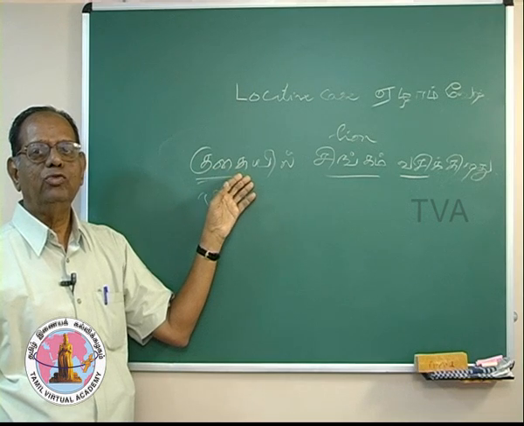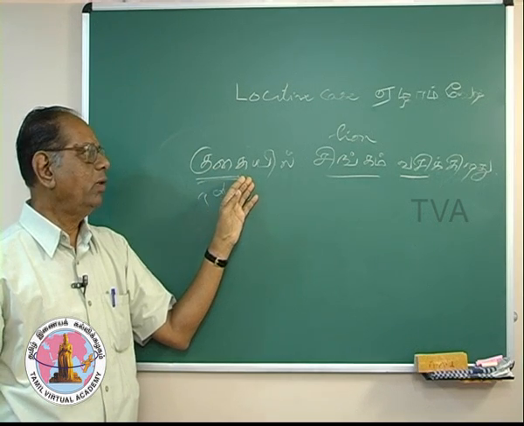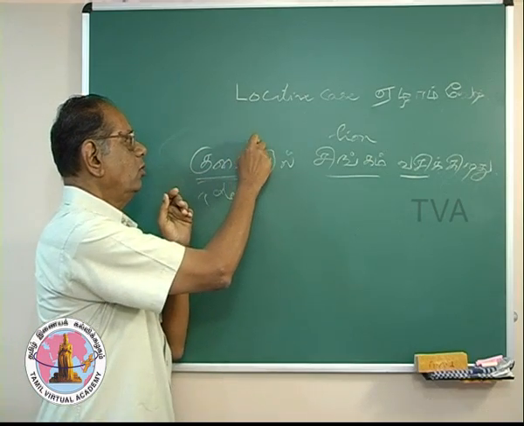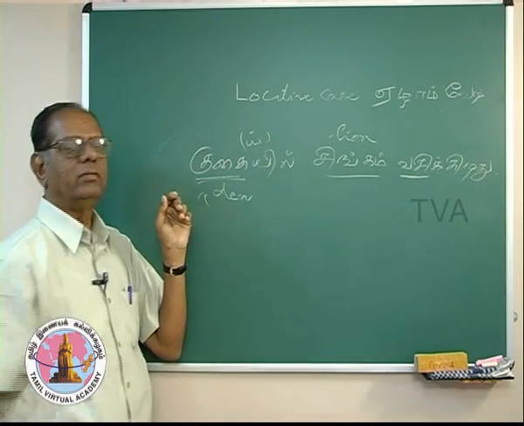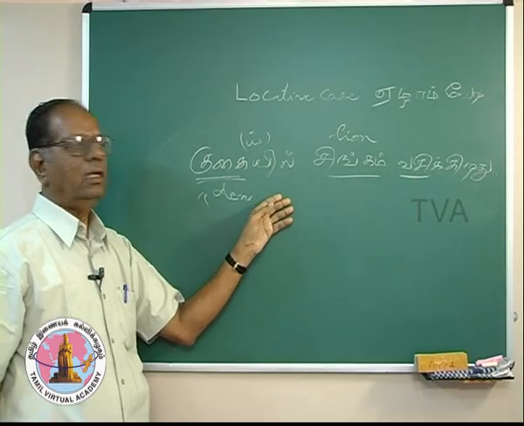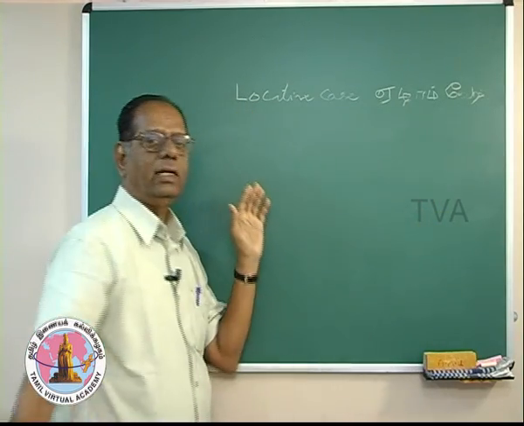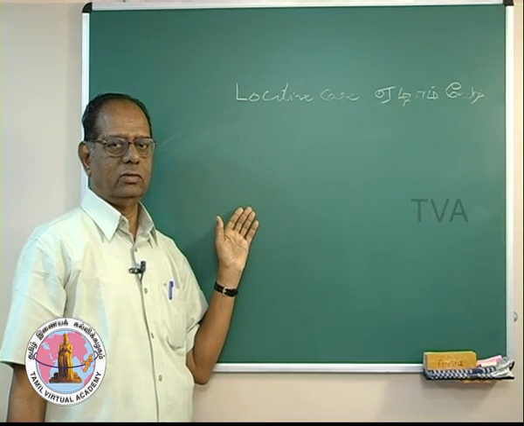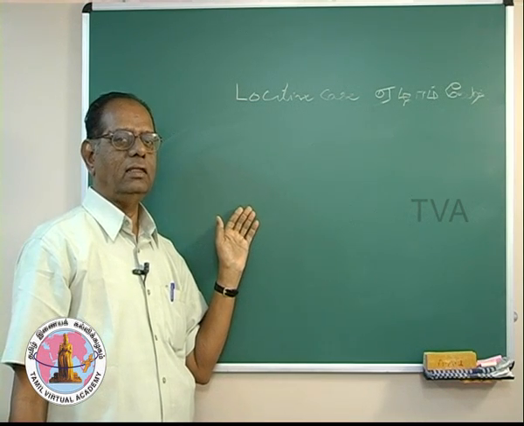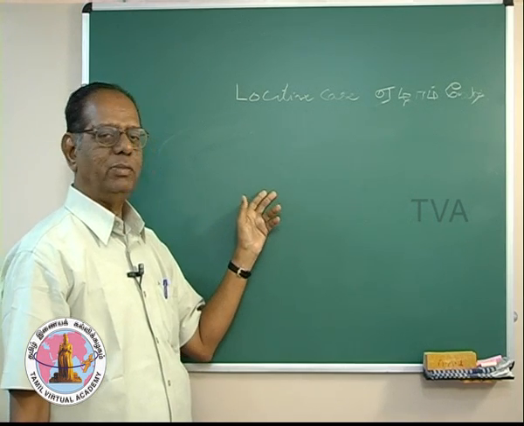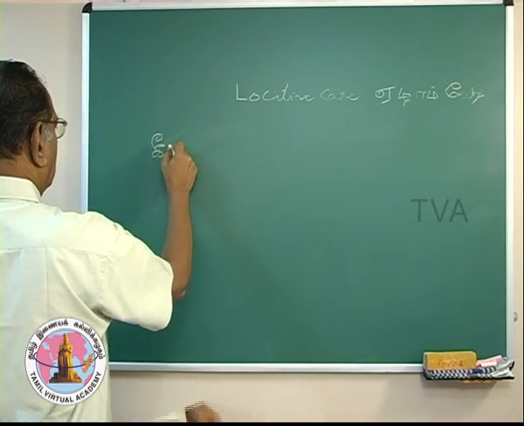Kugai ends with ai. So when it has to take up il, naturally you get a semi-vowel. Kugail Singam Vashikiradu. We have taken up all patterns. That is to say, that which get doubled, that which takes up a semi-vowel, etc.